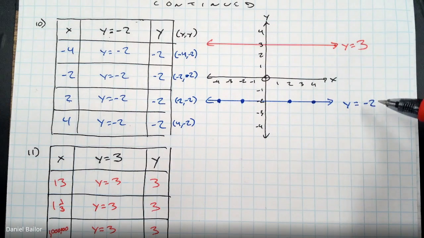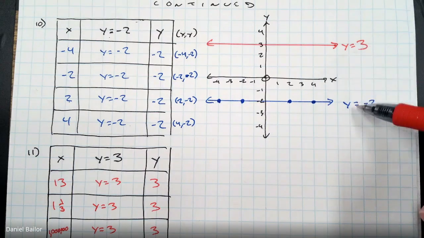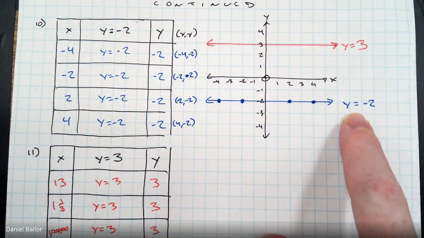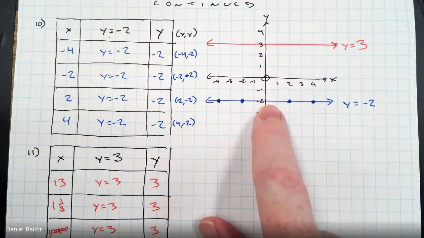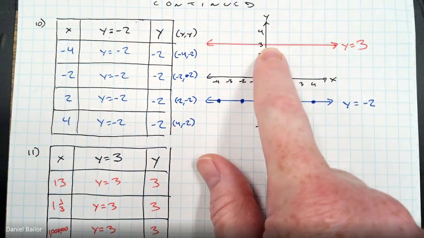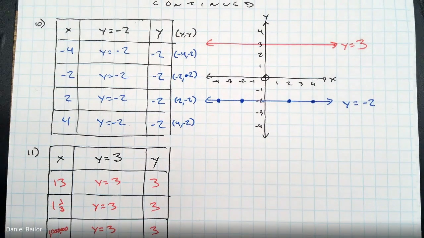So you're allowed to use the same graph for more than one equation. Just make sure you either color code and label, or at least label. You can see number 10, y equals -2, was a horizontal line that hit -2. And y equals 3 was a horizontal line that hit 3. So if there's no x, we get a horizontal line.